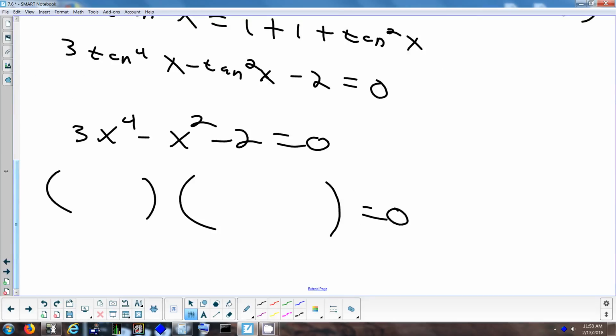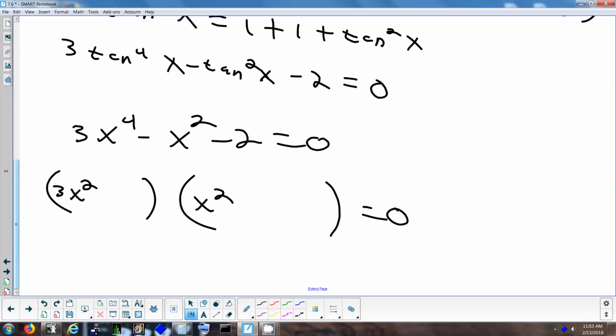What would have to be my first term in each set of parentheses, so when I multiply them together, I get 3x to the 4th? Perfect. 3x squared and 1x squared. So really, it's 3 tan squared and tan squared.